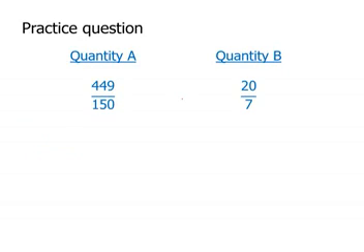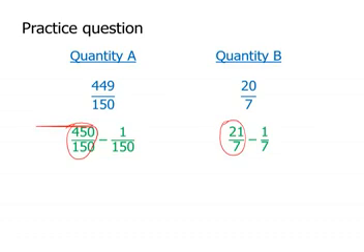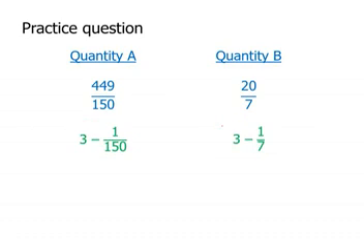Here, we can express each one of these as the fraction that equals 3 minus something. So, of course, 449 over 150 equals 450 over 150 minus 1 over 150. And 20 over 7 equals 21 over 7 minus 1 over 7. And now, just to make it easier, since this fraction and this fraction equal 3, I'm just going to replace them with 3.